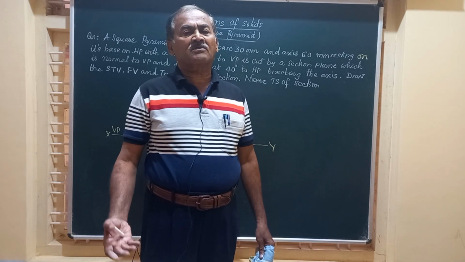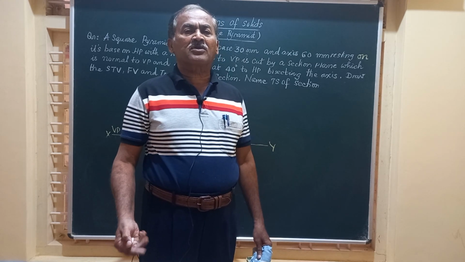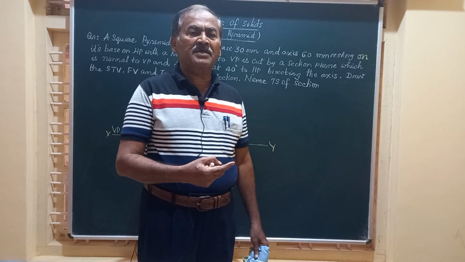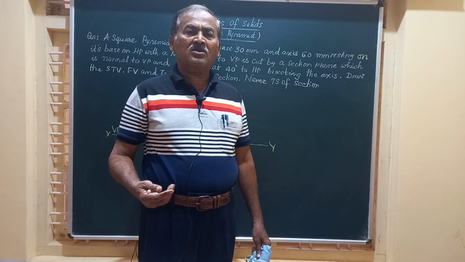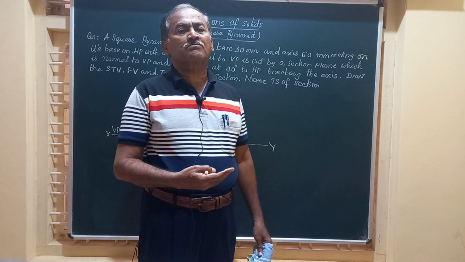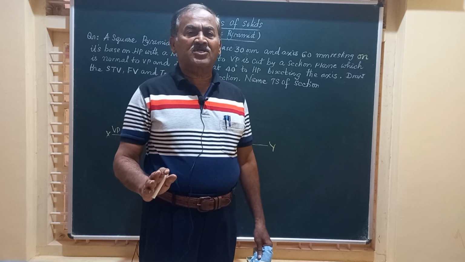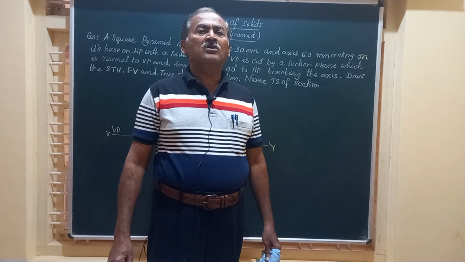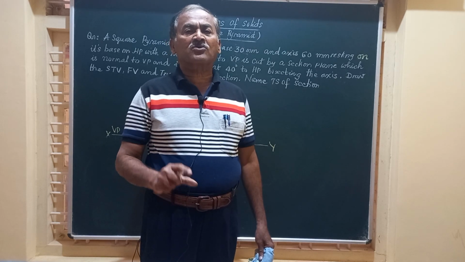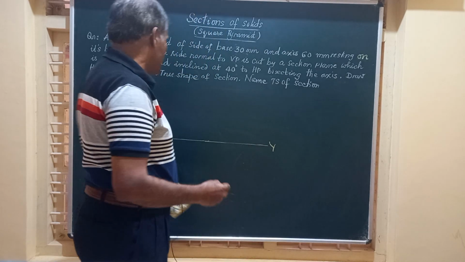And he says specifically that one of the sides of this square pyramid is perpendicular to VP. In case of a square pyramid, you should remember whether one of the sides is normal to VP, or one of the sides is parallel to VP, or two base edges are parallel to VP, two base edges perpendicular to VP, it's all the same. Now, let me write down the top view of the pyramid, which is a square of the given side of 30 millimeter.